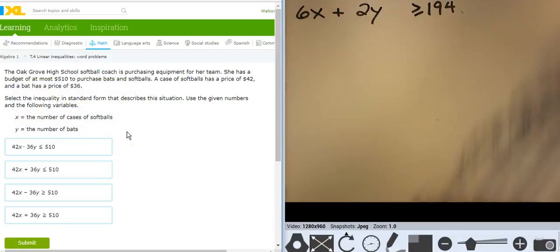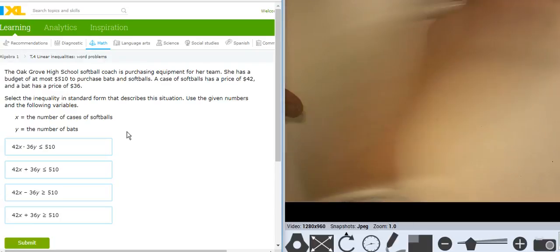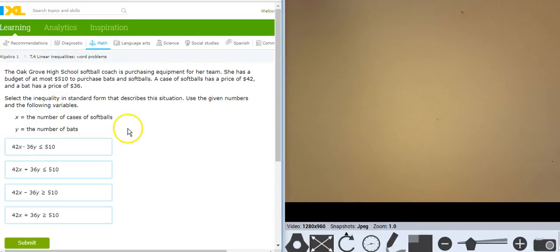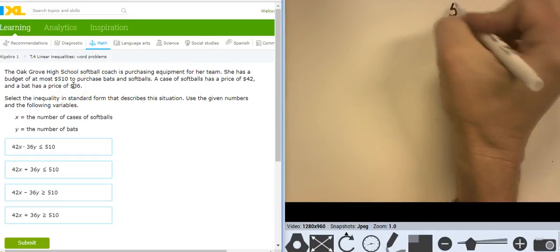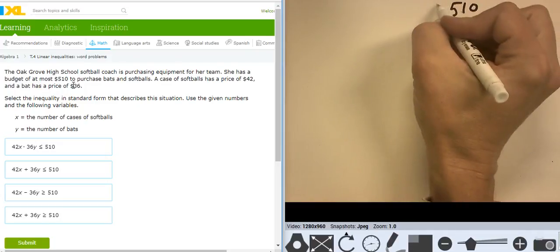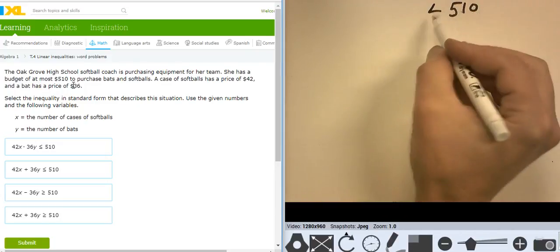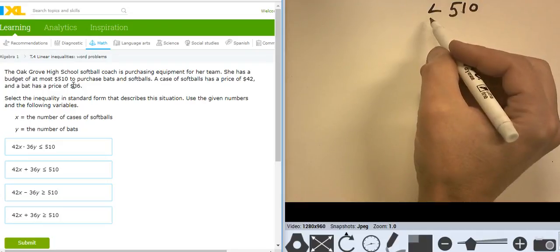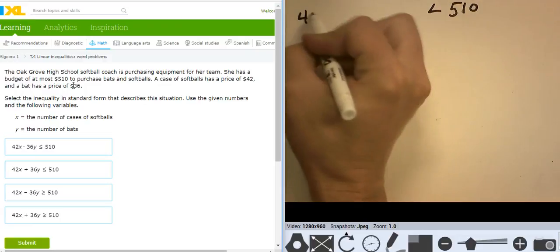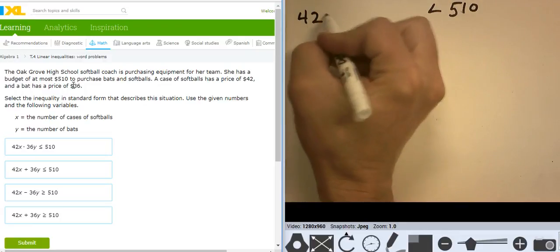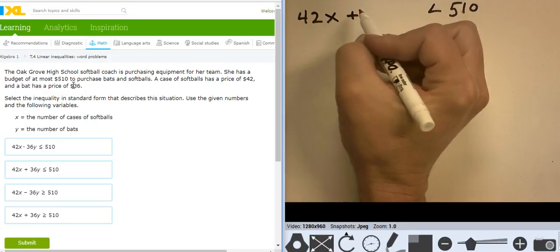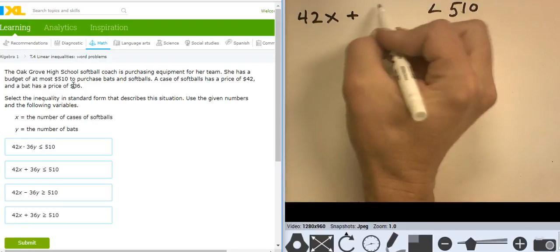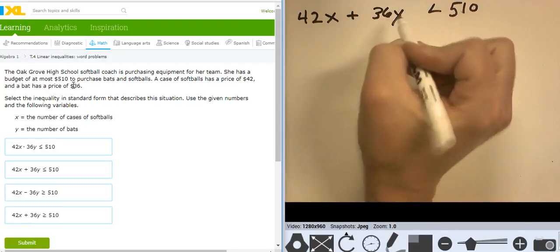All right, let's do this next one. Oak Grove High School has a budget of at most $510. So I cannot go over that. I need to stay under that. And I know that softballs are $42, so 42 and softballs are X, plus bats are $36, so $36 for the Y, which are bats.